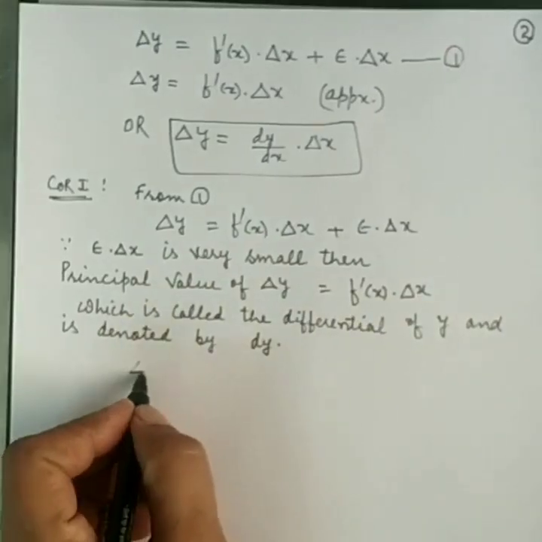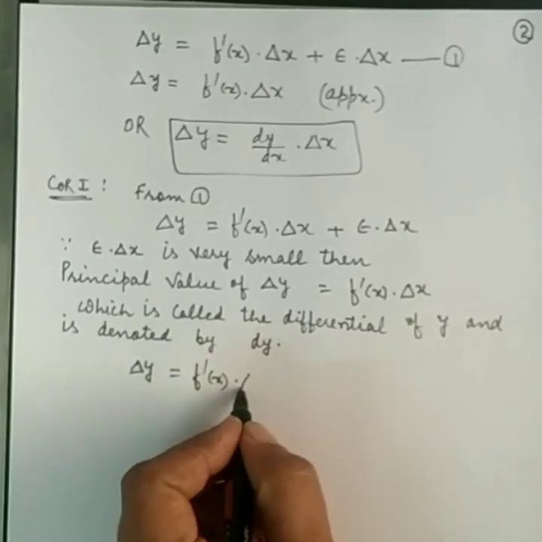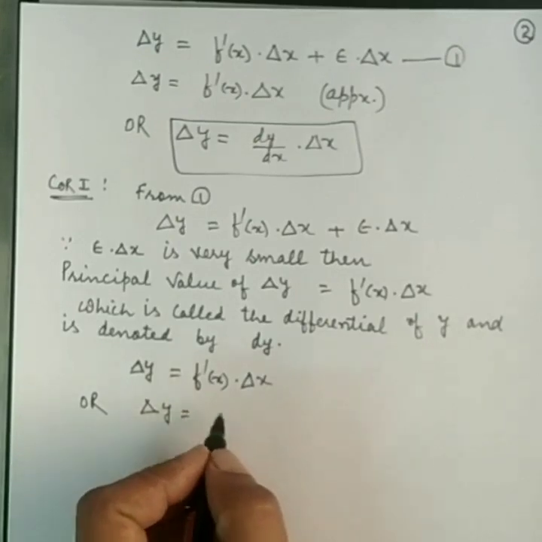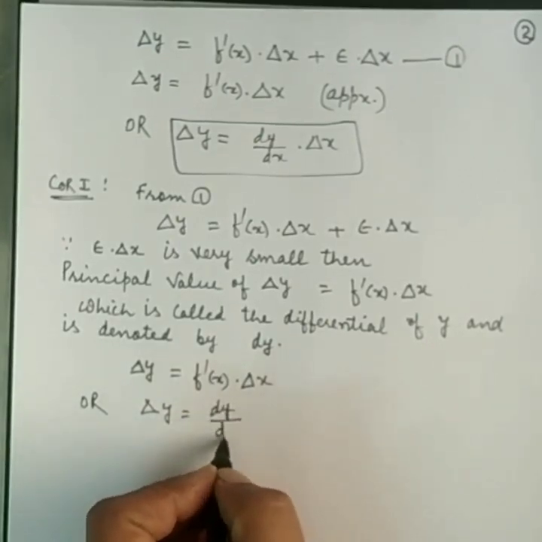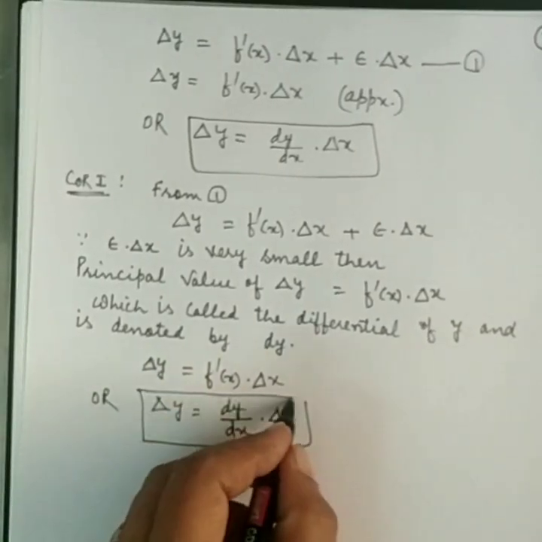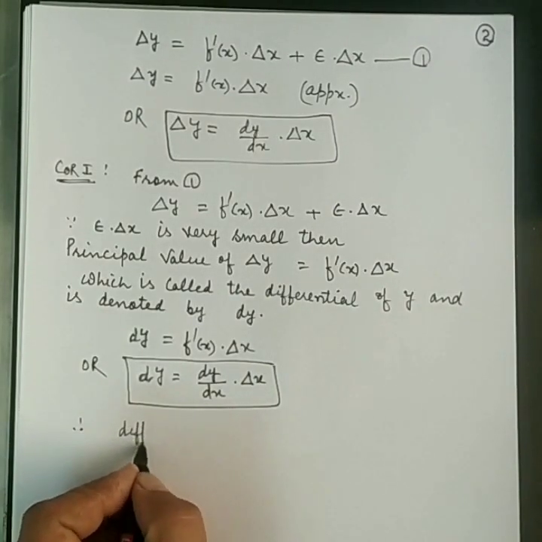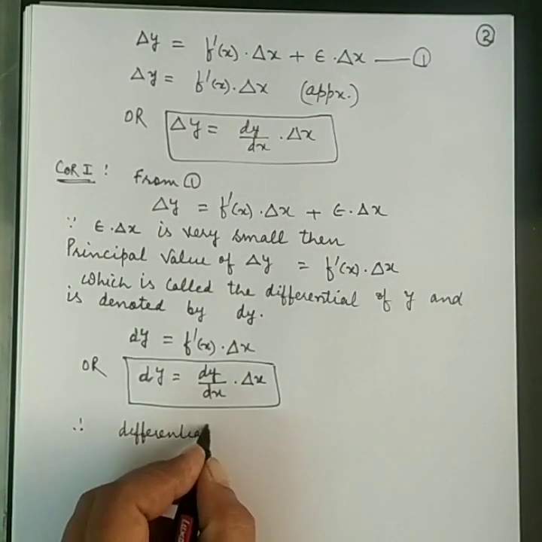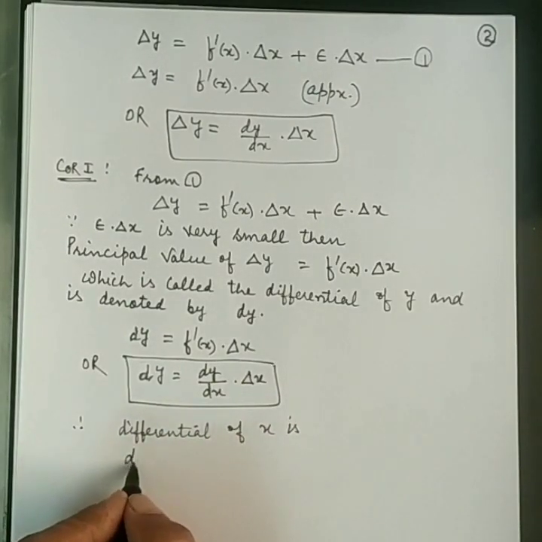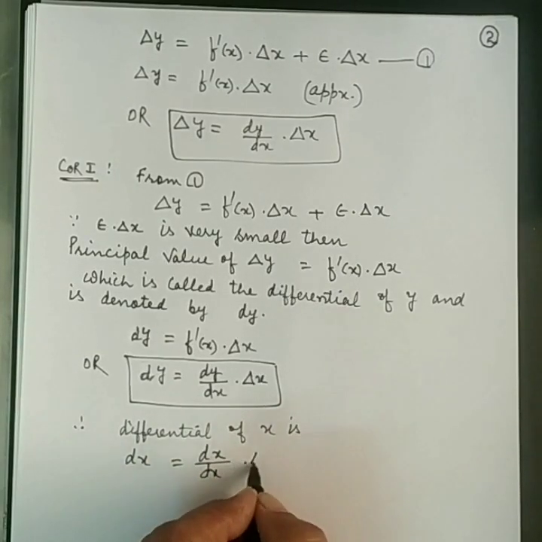Therefore delta y is equal to f dash x into delta x, or we can say delta y is equal to dy upon dx into delta x. Therefore the differential of x is dx is equal to dx upon dx into delta x.